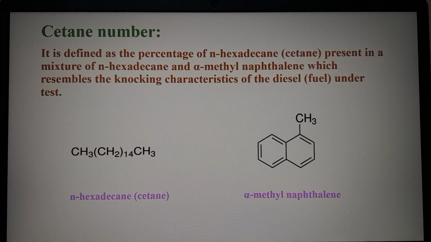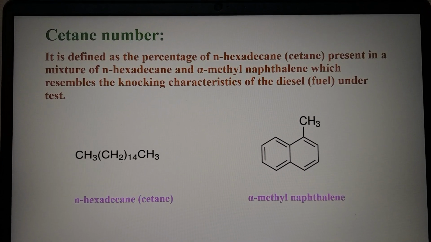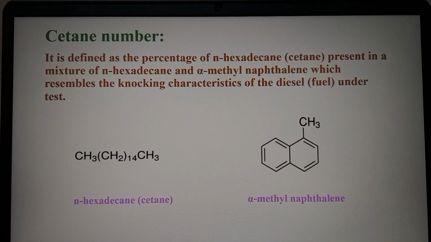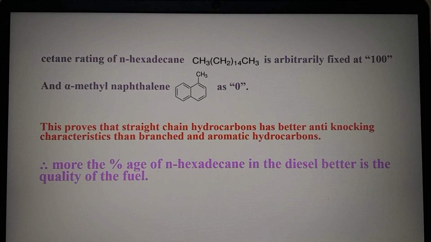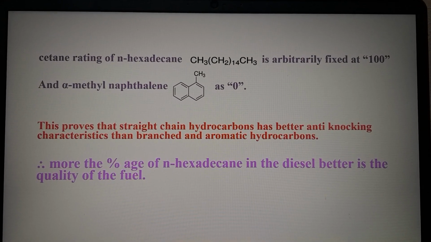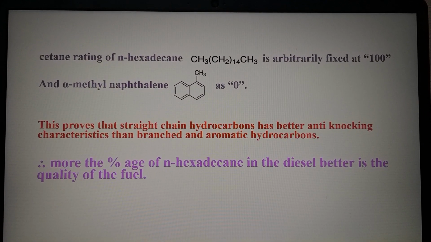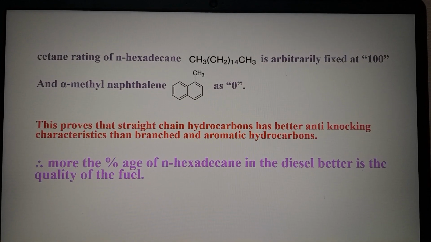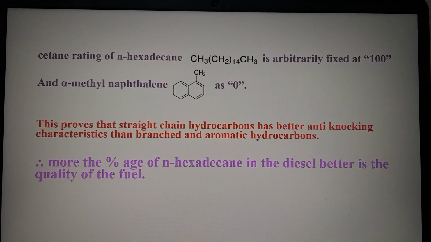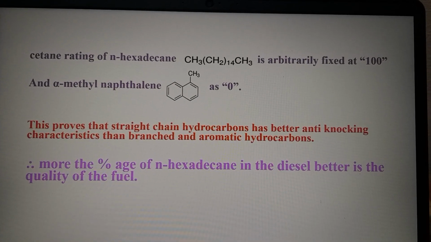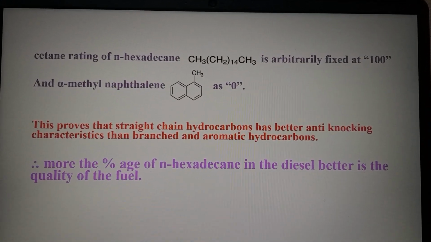So, if the percentage of N-hexadecane is high, the diesel is of better quality than the fuel which contains more branched structures in it. Here we give arbitrarily N-hexadecane as 100 and alpha-methyl naphthalene as 0. If the straight chain hydrocarbons are present in the diesel, it is of better quality than the one which contains more branched structures. And the percentage of N-hexadecane shows that the diesel is of better quality.